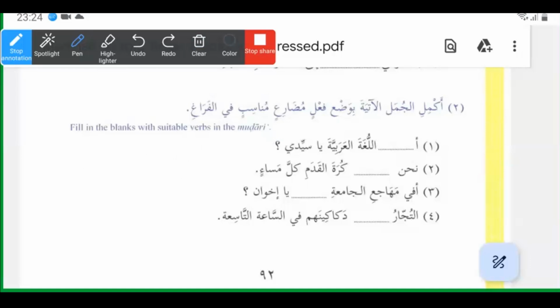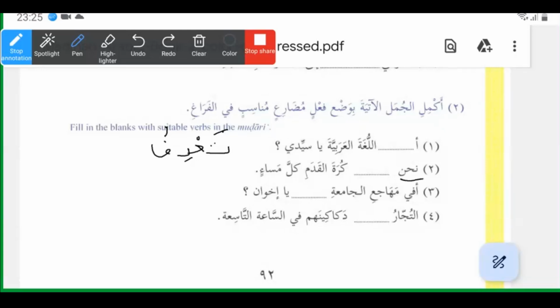Ya sayyidi, oh sir, oh teacher. A dash lugat al arabiyata, we will say ata'rifu. Arafa ya'rifu means to know. Ata'rifu, do you know the Arabic language, oh my teacher?